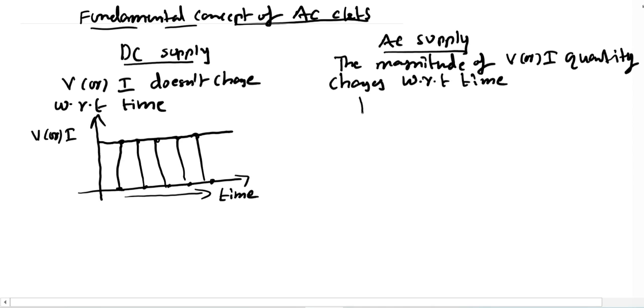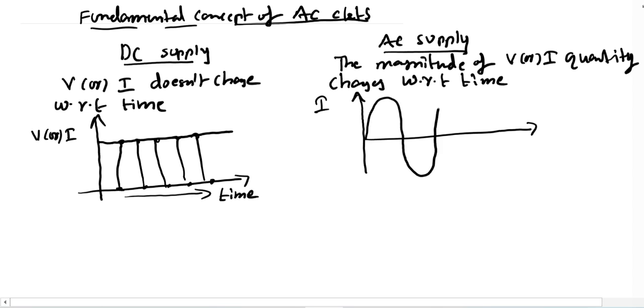Here you can take an example for that voltage or current quantity, and I am taking the alternating waveform as a sinusoidal waveform with respect to time. If you notice this sinusoidal waveform, it has zero amplitude at zero time, and it has the maximum amplitude at some time t1, and at some time t2 again zero, and at some time t3 again it has the maximum negative amplitude.